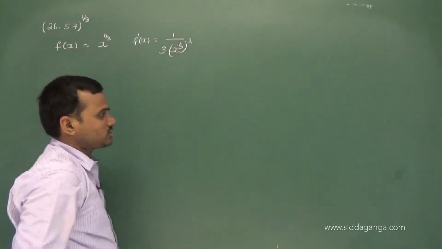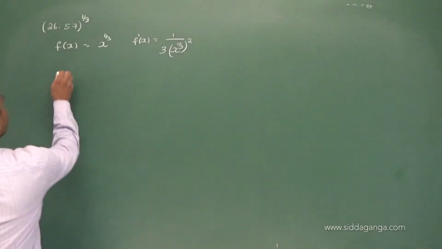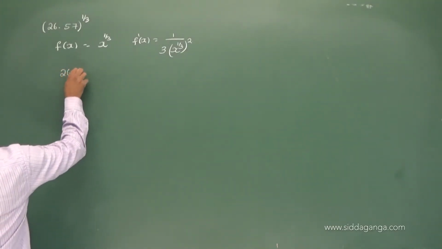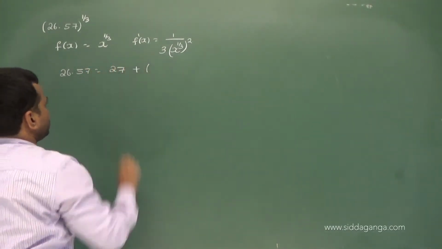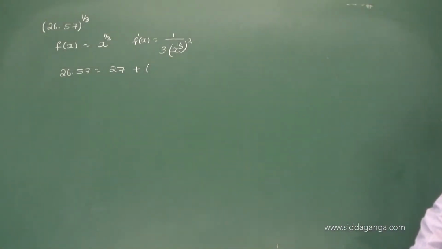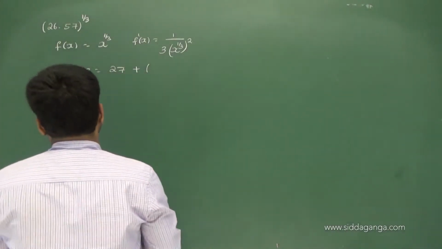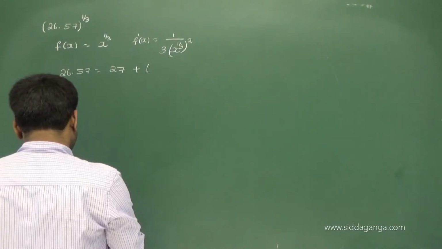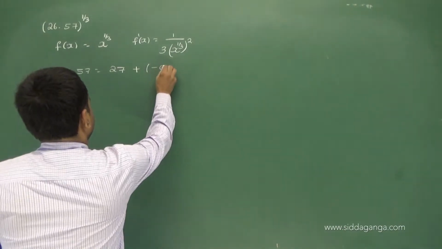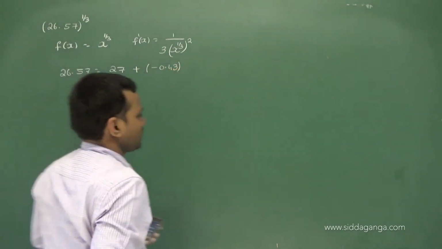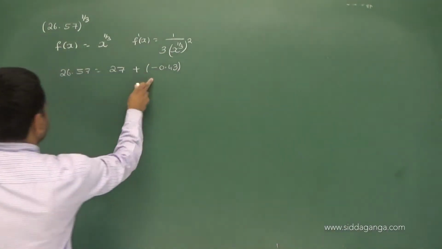Just now I wrote it here. Correct now? So then 26.57, we split as 27 plus or minus. 27 minus 26.57 is minus 0.43, plus or minus 0.43. If you subtract these two values, we get what?